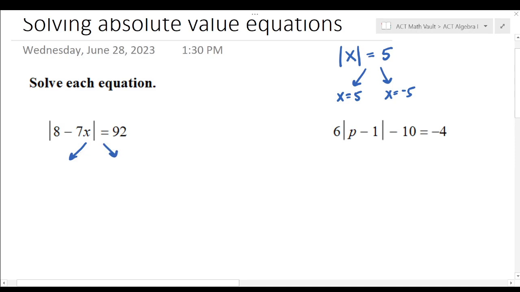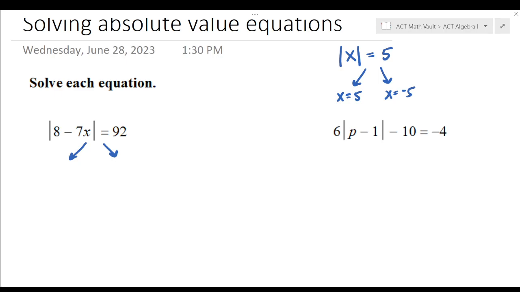When this absolute value section is isolated, like in this first one, this is where you have to think of the two cases. Now, right up here, I basically set what's in the inside of the absolute value bars equal to the positive and the negative.